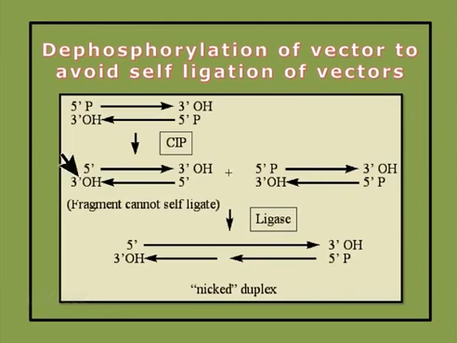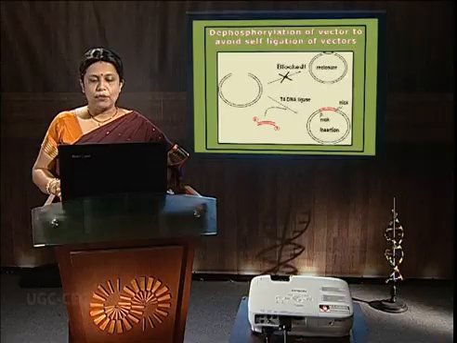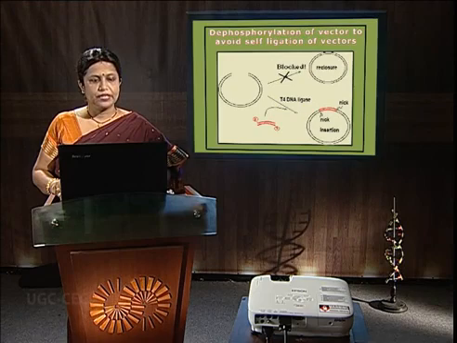If I have OH at all the 4 ends, then the self-ligation of the vector DNA can be restricted. You can see here that phosphatase treated vector DNA doesn't undergo reclosure. It can undergo closure only when it undergoes ligation with an insert DNA which has phosphates at its 2 ends. Thereby, we are promoting the formation of recombinant DNA.